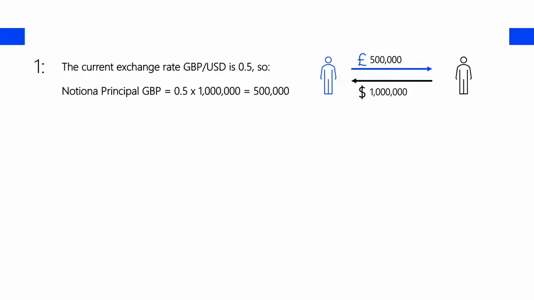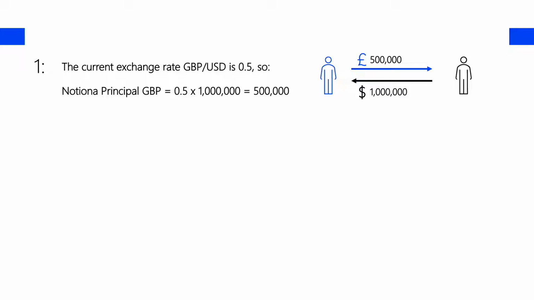We were told it was 1 million US dollars. If the spot rate is 0.5, then we multiply by that exchange rate, 0.5. 1 million US dollars equates to 0.5 million pounds sterling. So we have the USD notional principal of 1 million and a GBP notional principal of 0.5 million.